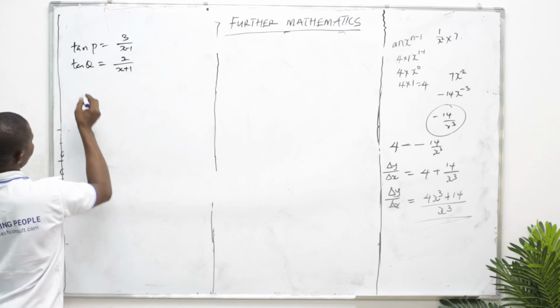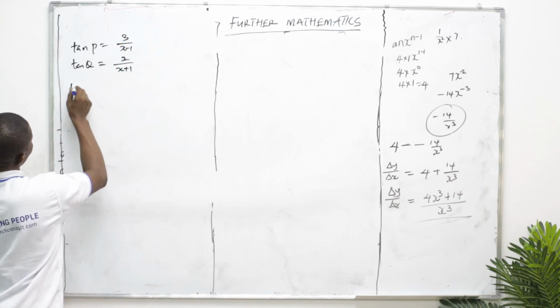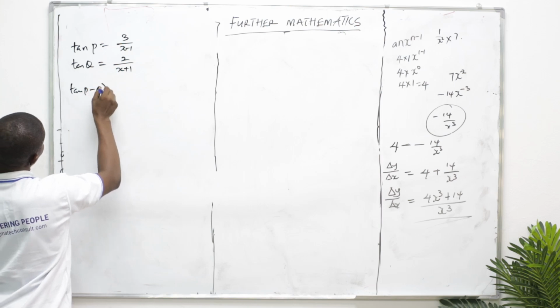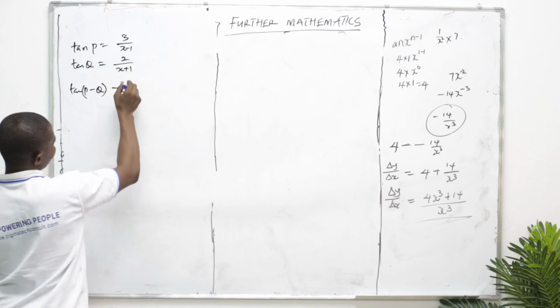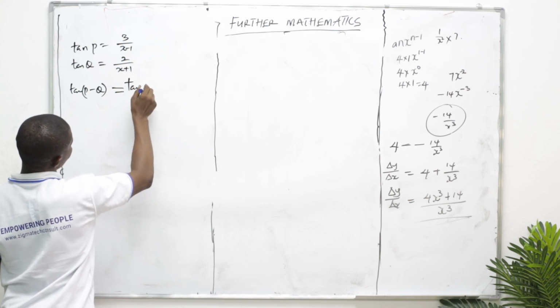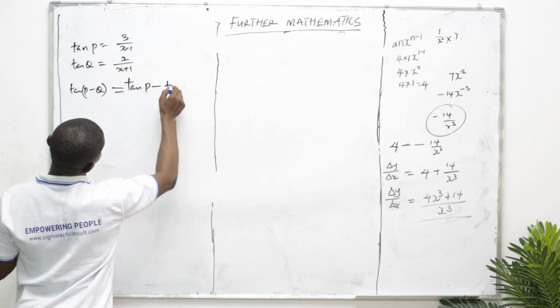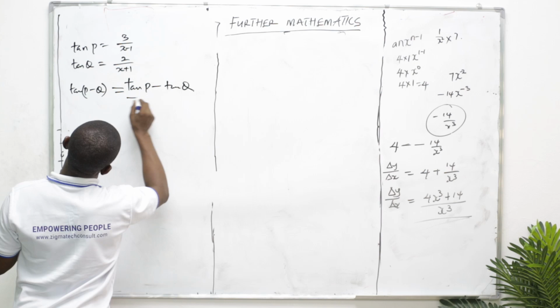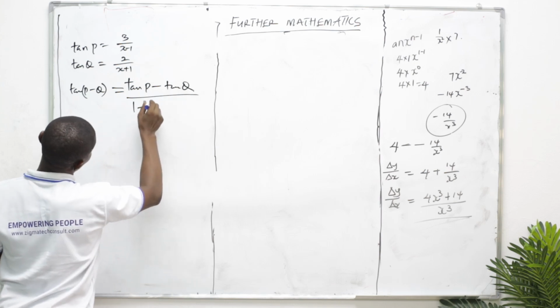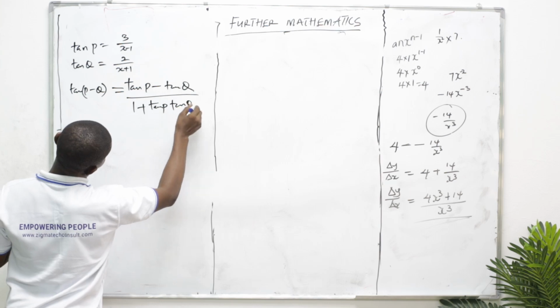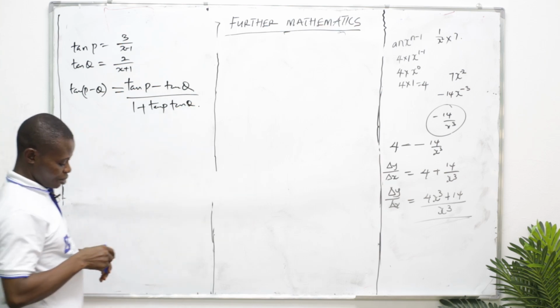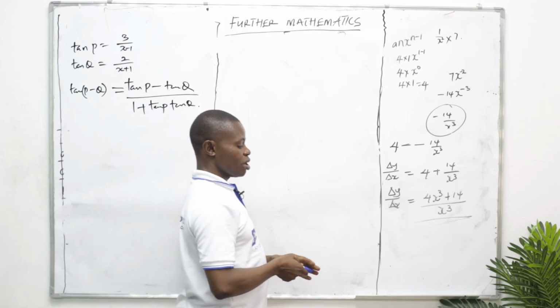Find tan P minus Q. Tan P minus Q, if you can recall, tan A minus B equals tan A minus tan B all over 1 plus tan A tan B. Do you remember? Good. Now we have this.